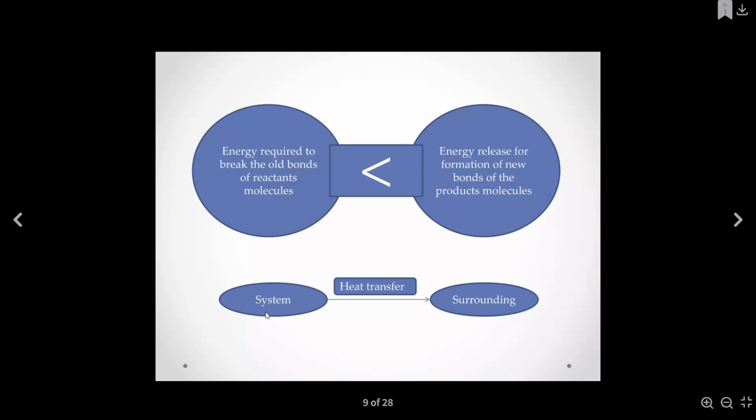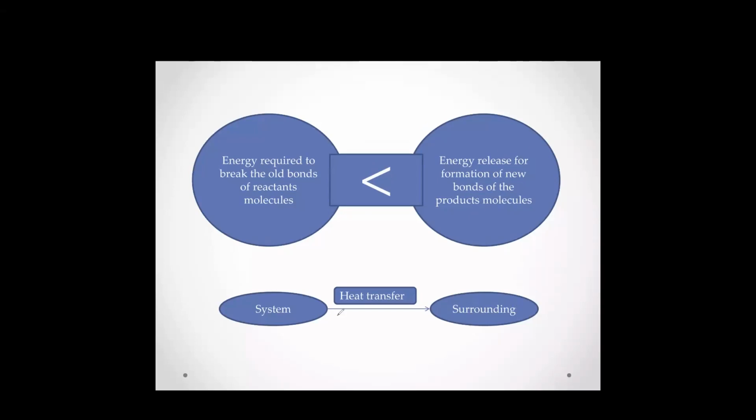And look at it, this is the system, and then this is the surrounding. Observe that the heat is released from this system to the surrounding. That is why we have an arrow pointing in this direction.